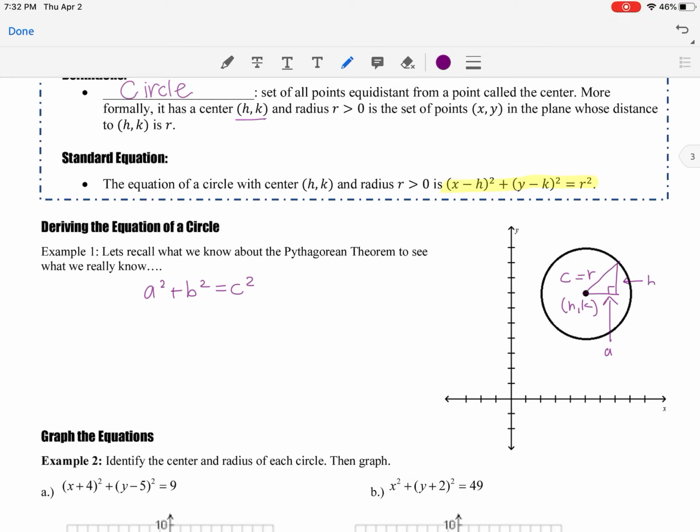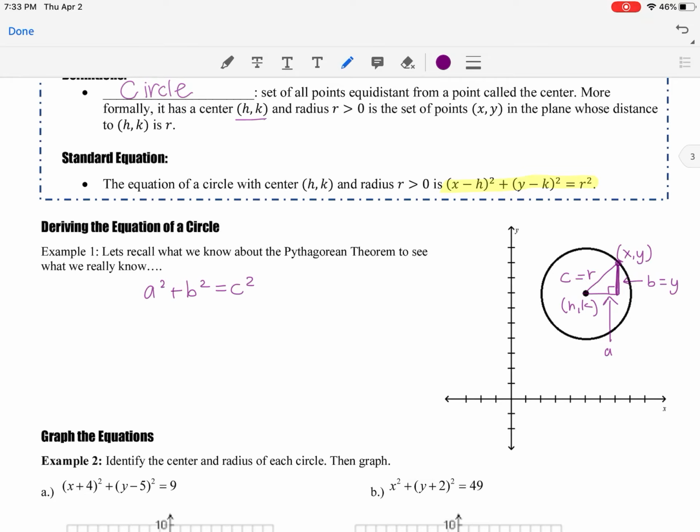If we think about these two sides, this side here as being a, and this side here as being b, let's think about some point on the edge here as (x, y), right? That's the point that's equidistant around the edge. Think about how you could represent b in terms of x or y. In this case, since we're talking about the height, we're going to talk about y.